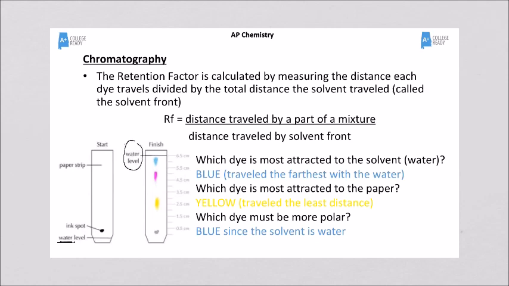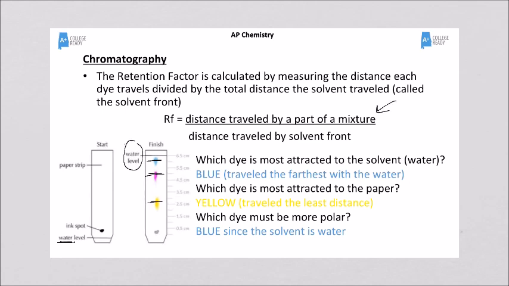What happened was this black ink was actually made of three separate dyes, and notice how these dyes spread out. So if we measured the distance that the water traveled, and then took the average distance blue traveled, the average distance fuchsia, the average distance yellow, that's what we're talking about here.